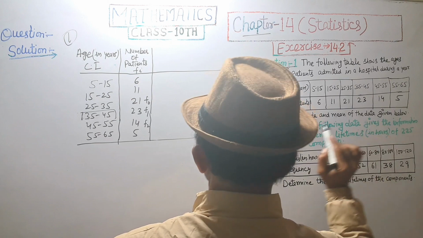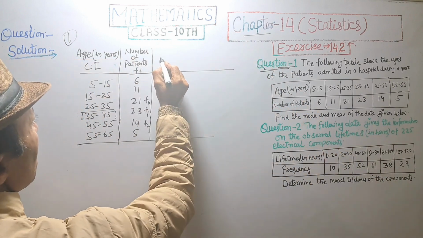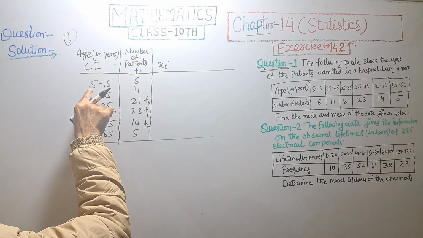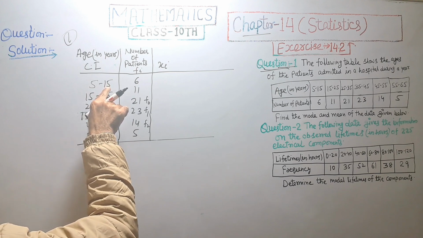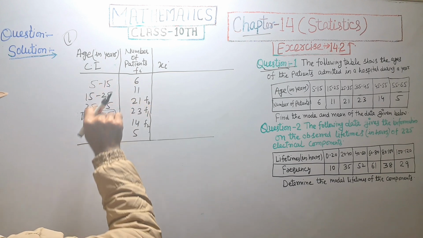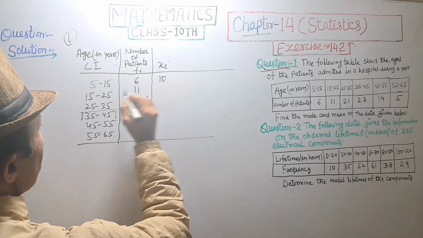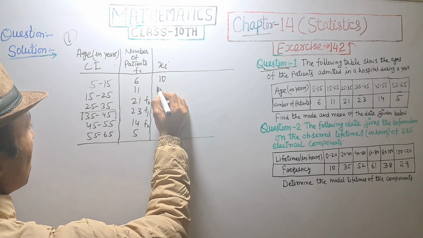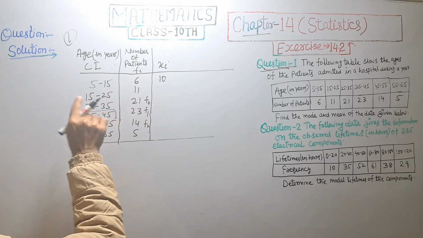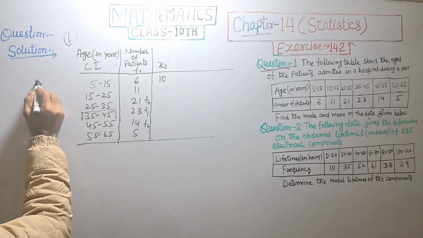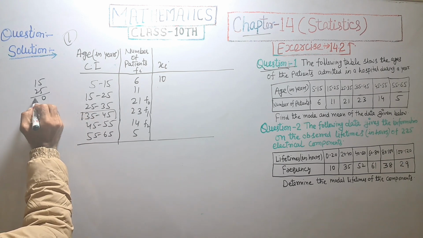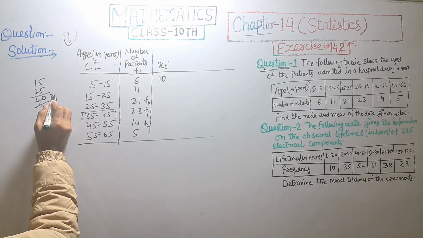And the mean of the data. 5 and 15, that is 20. 20 divided by 2 is 10. 15 plus 25 is equal to 40, divided by 2 is equal to 20.